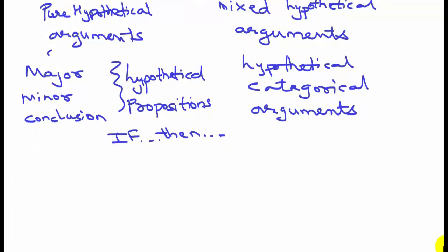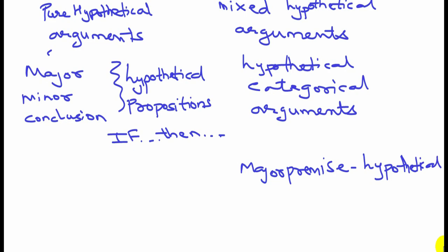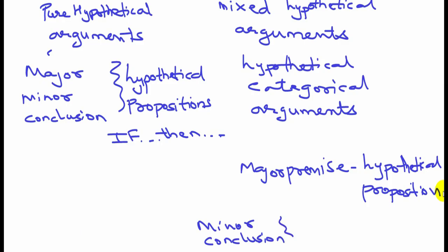So, in a mixed hypothetical argument or a hypothetical categorical argument, the major premise is a hypothetical proposition, while the minor premise and the conclusion are categorical propositions.